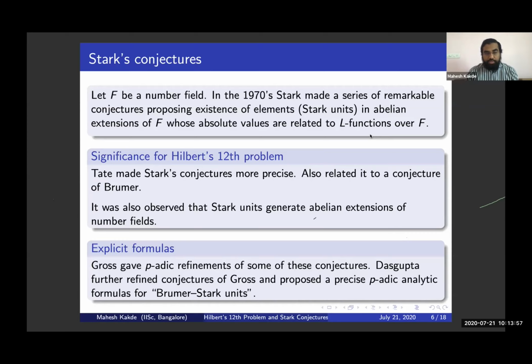As we'll soon see, Stark's conjectures postulate the existence of certain elements, but they don't tell you exactly how to construct one, even if you know their existence. Dasgupta's conjecture actually gives you a formula, if you can prove the conjecture.